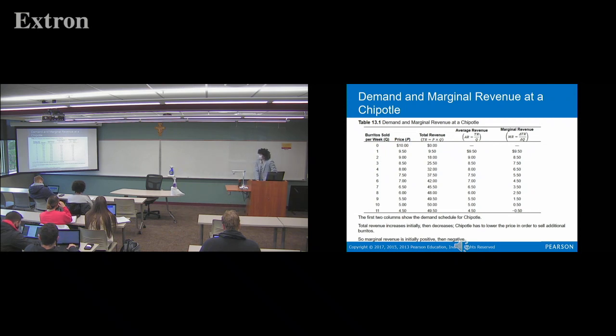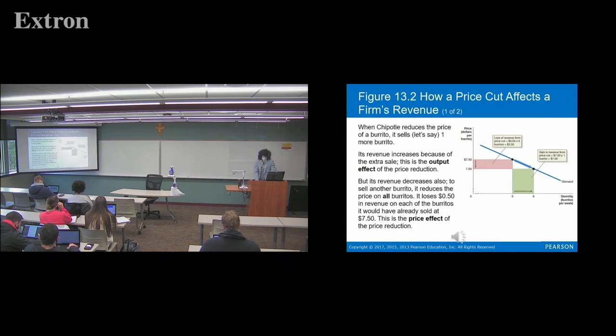So just like before, we're going to use these to create the market curves. So let's look at an example where Chipotle reduces the price of a burrito by, we can call it, 50 cents, and they'll sell one additional burrito. So again, this additional sale they're making, going from 5 sales to 6 sales, is going to be an increase in revenue.